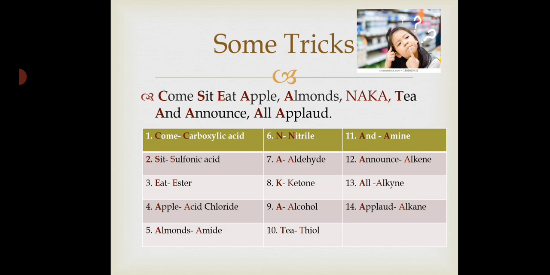So if you remember this sentence, come, sit, eat, apple, almond, naka, tea, and announce, all applaud, you will be able to remember the priority table, right?